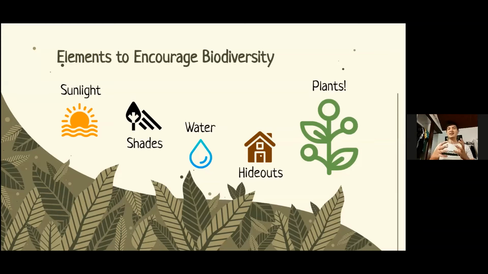Some are bad, some are good, but it is helpful that they are there because of your plant. Let's say, for example, if you want to have different kinds of birds, you might want to plant certain trees that always produce fruits and flowers.